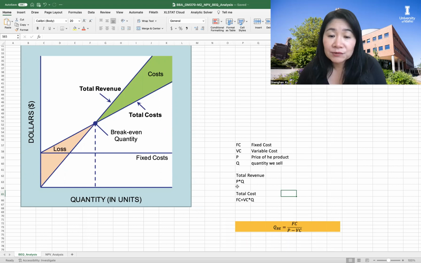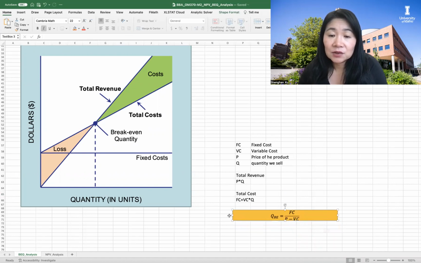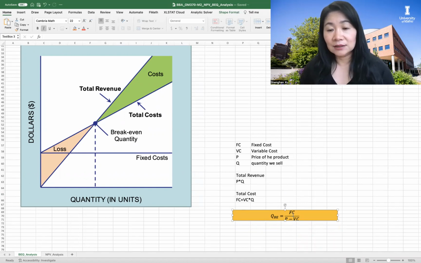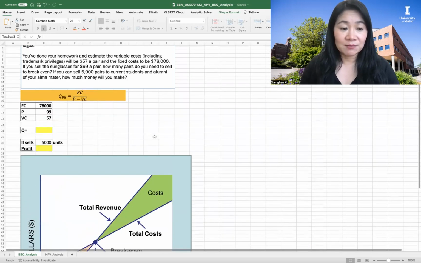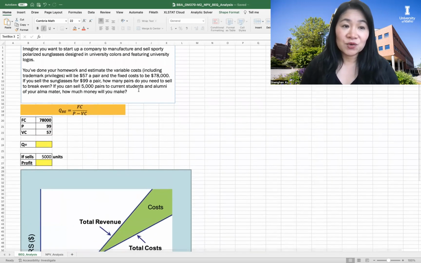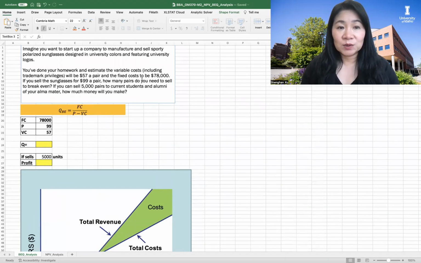And when we rearrange this, we get the break-even quantity, okay? So this is the formula for this. Now let's look at an example. Okay, imagine you want to start a company to manufacture and sell sporty polarized sunglasses designed in university colors and featuring university logos.